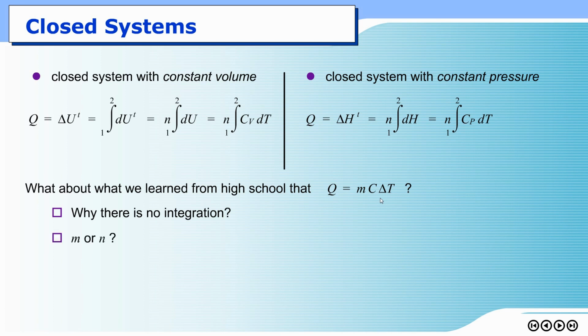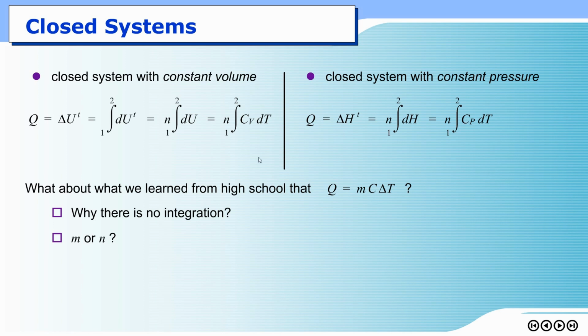The second question is, should we use m, mass, here, or n, which is number of moles? They are related basically. If you use mass, this heat capacity would be called specific heat capacity, with unit joule per kilogram per Kelvin.